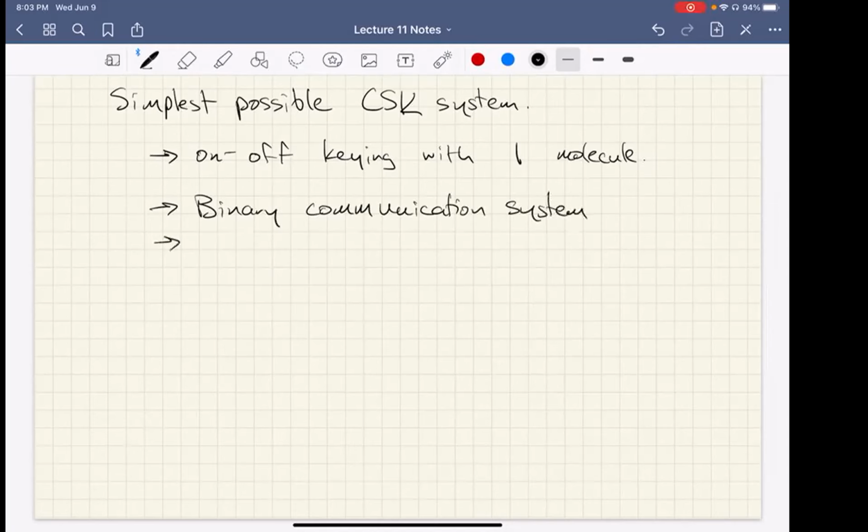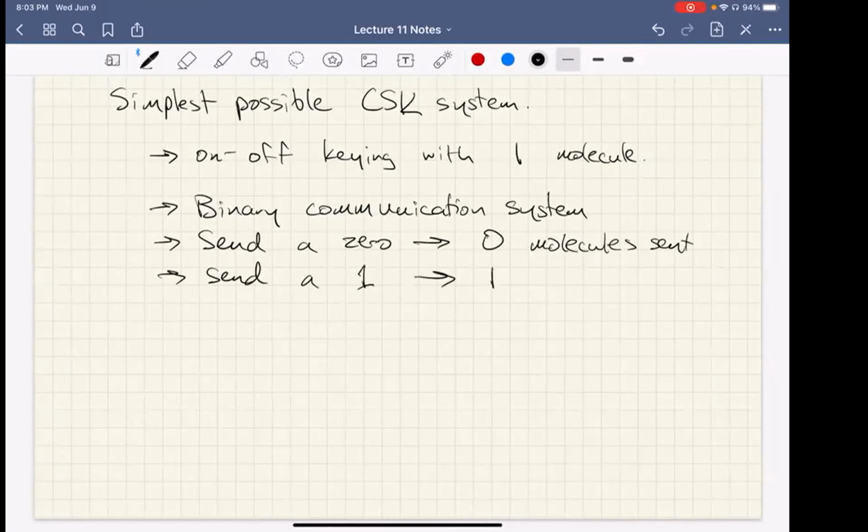If we want to send a 0, then we're going to send 0 molecules. If we want to send a 1, then 1 molecule is sent. Okay, so it doesn't get any simpler than this, right? If you want to send a 0, you send 0. If you want to send a 1, you send 1. And we can analyze this very easily.